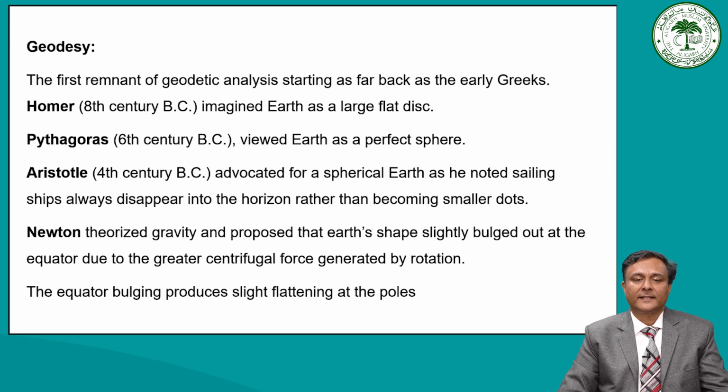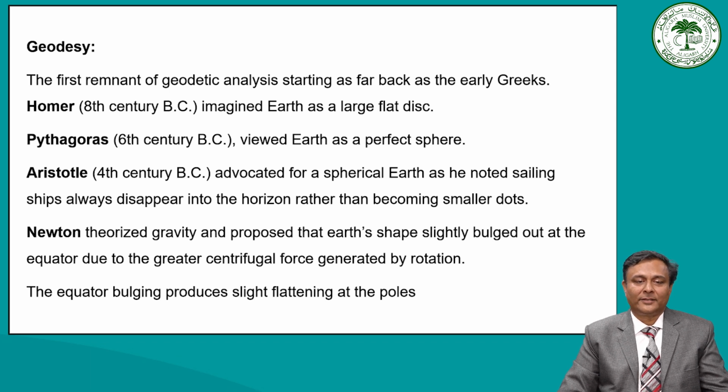Thereafter, Pythagoras in the 6th century BC viewed Earth as a perfect sphere. Aristotle in the 4th century BC advocated for a spherical Earth, as he noted sailing ships always disappear into the horizon rather than becoming smaller dots.